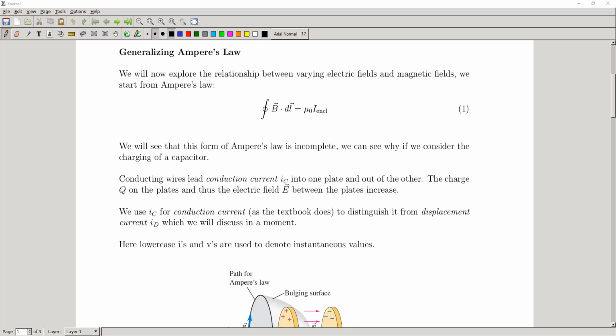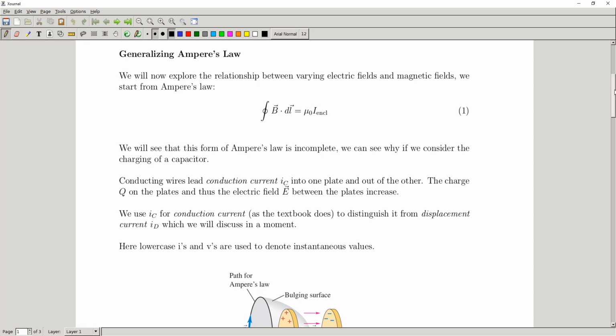So we have Ampere's law. I've rewritten it here, and we know that what Ampere's law is telling us is that this integral around the closed loop, this Amperian loop, of B dot dl, is going to be equal to mu naught, our magnetic constant as we call it here, times the current enclosed, right? We're now going to relabel current.